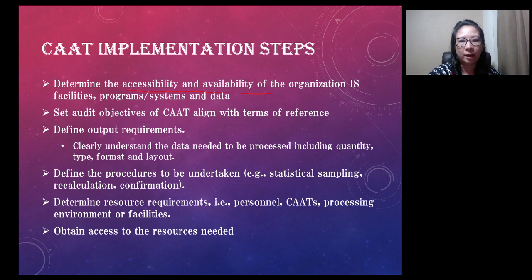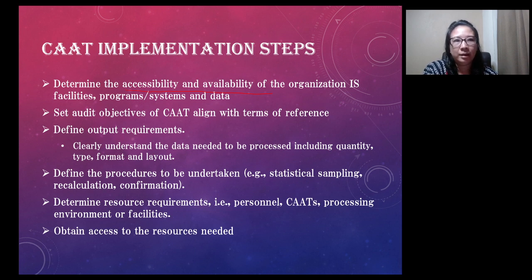After we define the objective and the output, we need to understand what will be the input in our CAAT tools, and what will be the output. We need to understand the type, the format, the layout, and so on. And then we also need to know the procedures, how we are going to collect the data.